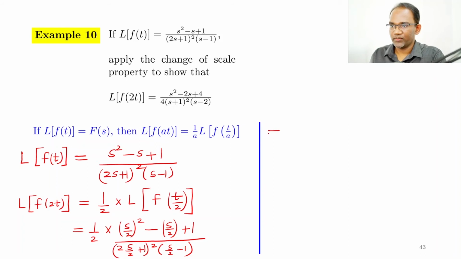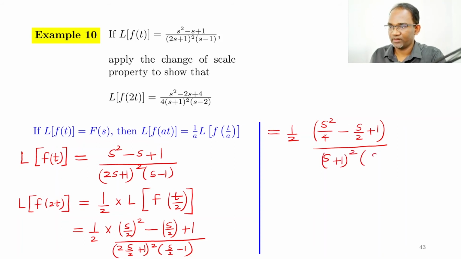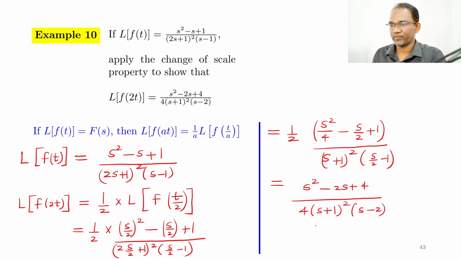And this is equal to 1 by 2 over (s squared over 2 minus s over 2 plus 1) the whole divided by (s plus 1) the whole squared, then (s by 2 minus 1). And this is equal to (s squared minus 2s plus 4) over 4 times (s plus 1) the whole squared, then (s minus 2), which is the required result.